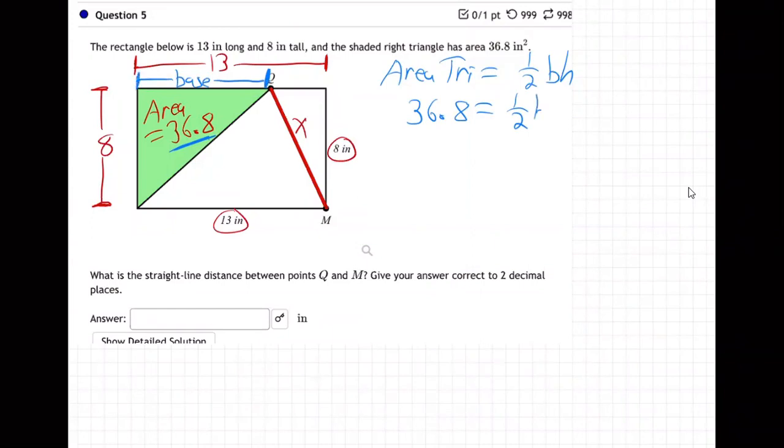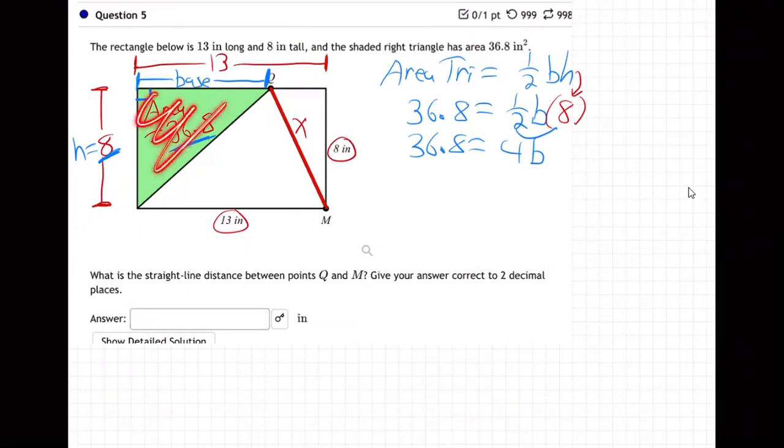I don't know that, call it B. What's the height? This is the height. The height is 8. Base and height are at 90 degrees to each other. So now I can take 36.8, and half of 8 is 4.